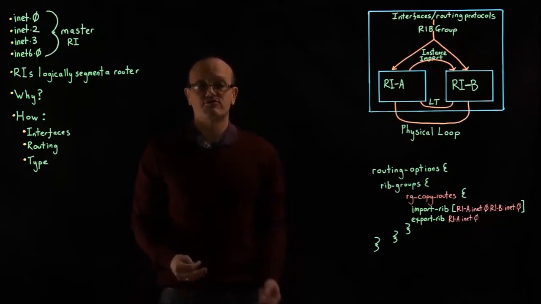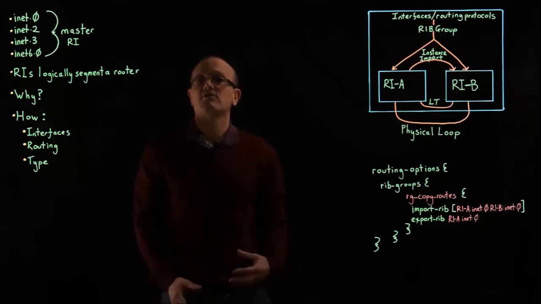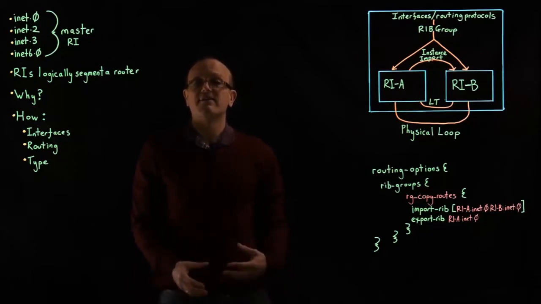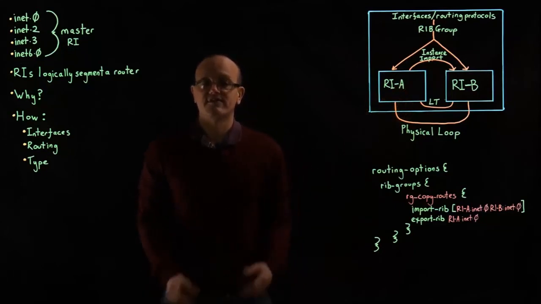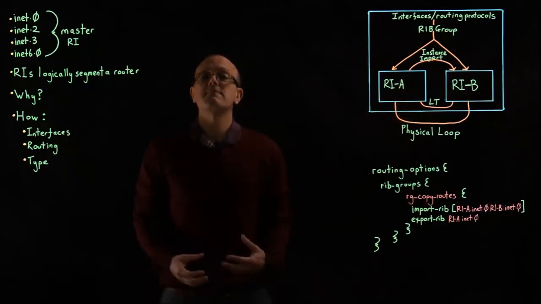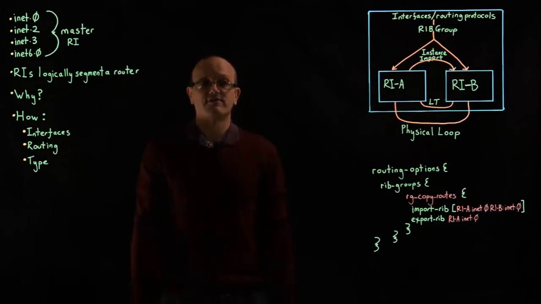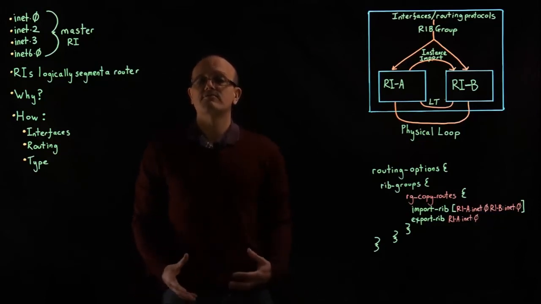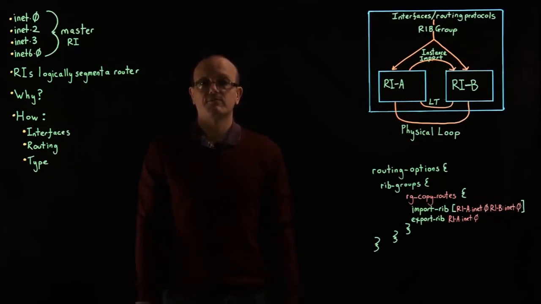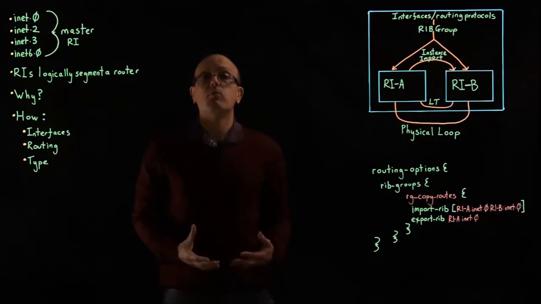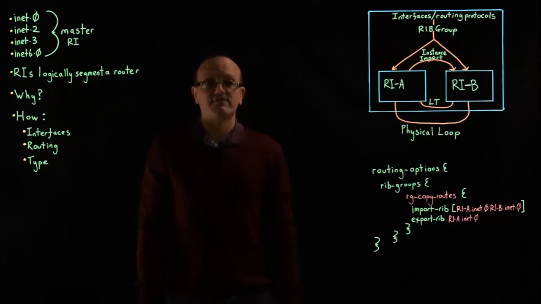We want to route traffic for those services across different interfaces and different routes in our network. Again, we can use routing instances for that. There are many different reasons to use routing instances, and we'll explore some of them in more detail in subsequent videos. So that's why we might want to use routing instances.